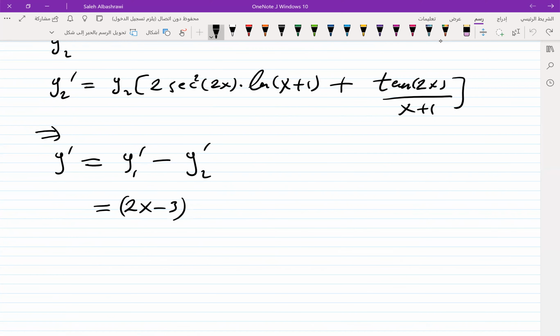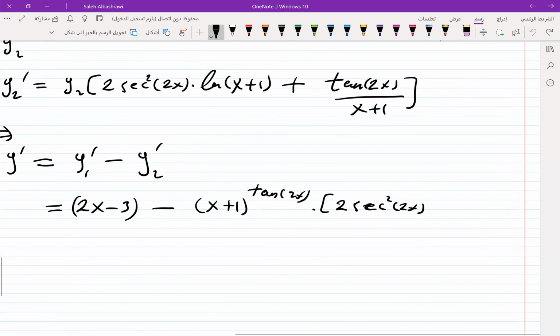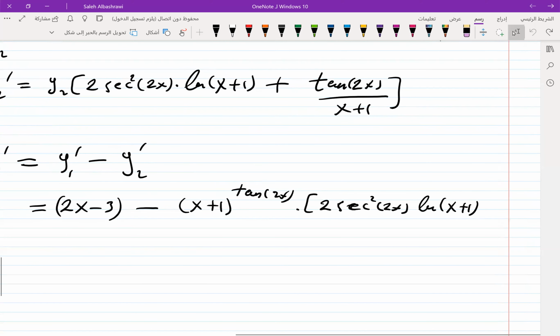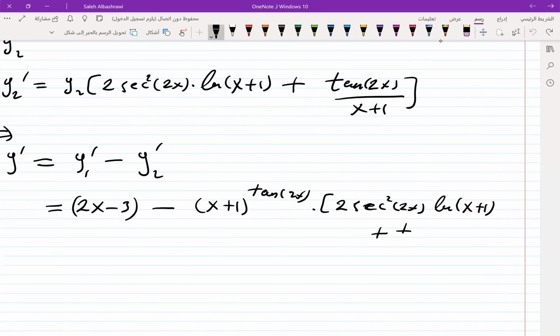This is the first derivative, minus y2, which was x plus 1 to the power tangent 2x, multiplied by all of these inside the bracket: 2 secant square of 2x ln of x plus 1 plus tangent 2x divided by x plus 1.